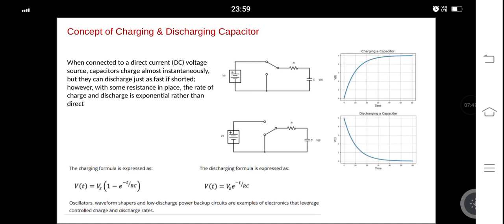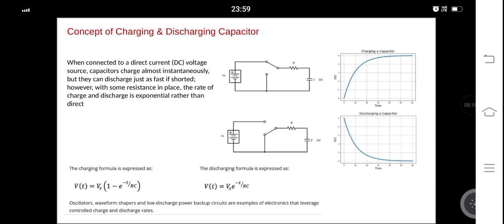And in the first image, we have to give a source to the capacitor. The charging of the capacitor happens in an exponential way, whereas the discharging of the capacitor happens in the reverse way. And these are the charging formulas.